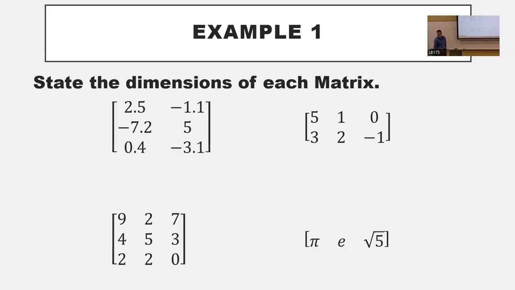So if we look at our four examples that we have, this upper left-hand matrix on this slide has 3 rows and 2 columns. So it is 3 by 2.